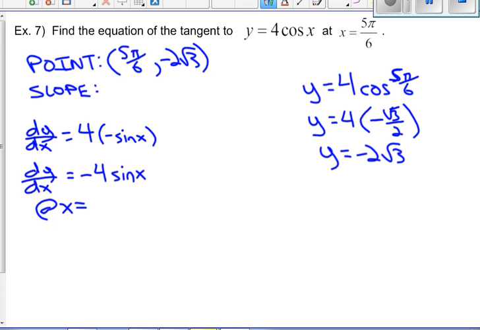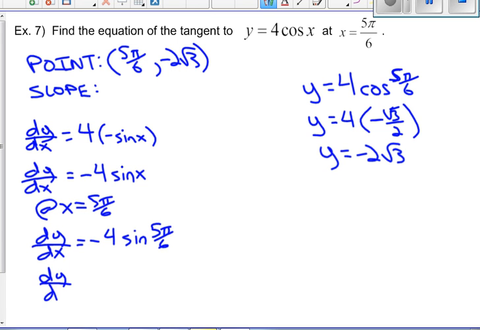At x equals 5 pi over 6, we'd have dy by dx equals negative 4 by sine 5 pi over 6, or a half. So we get a slope of negative 2. When we find this dy by dx, that's the slope of the tangent.